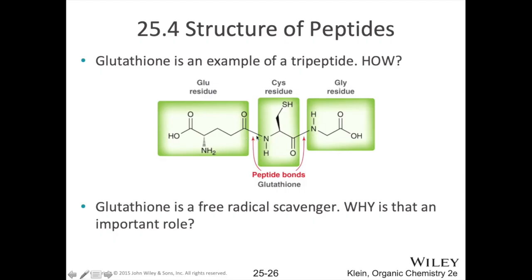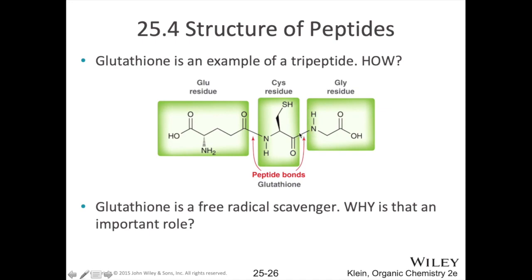Notice we have these peptide bonds, which essentially are amide bonds. We have the carbonyl from the carboxylic acid of one group connected to the nitrogen of the amino group of another amino acid, and that's where our amide bond is.